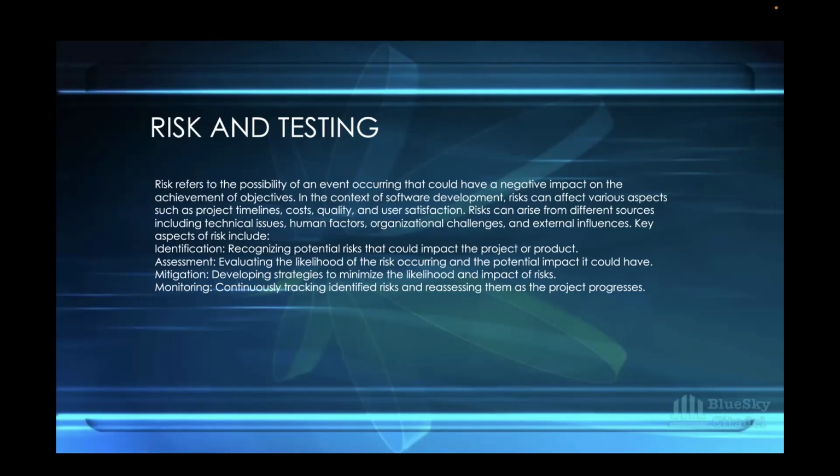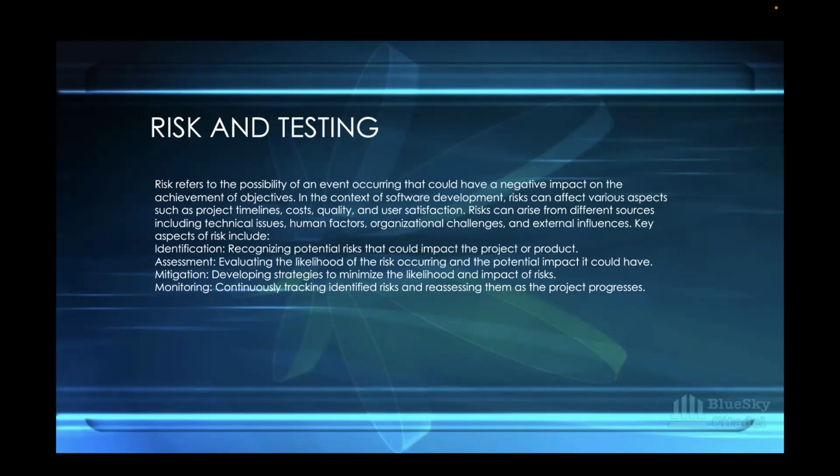In software testing, in the context of software development, risks can affect various aspects, such as project timelines, cost, quality, and user satisfaction. Risks can arise from different sources, including technical issues, human factors, organizational challenges, and external influences.